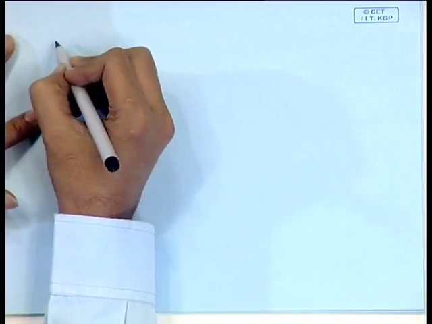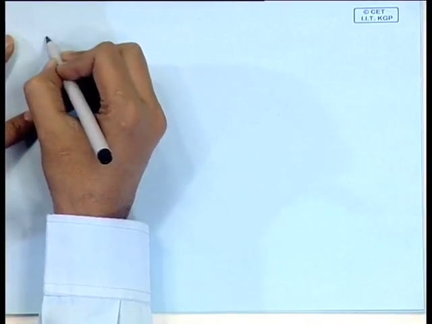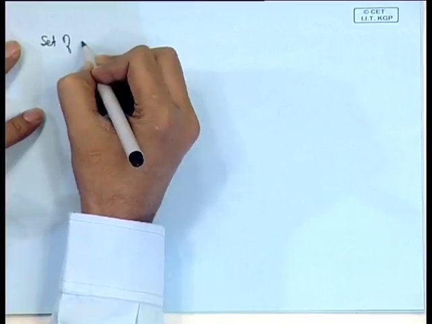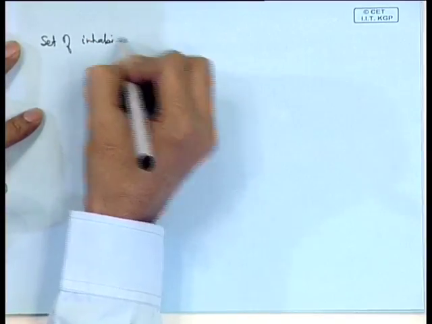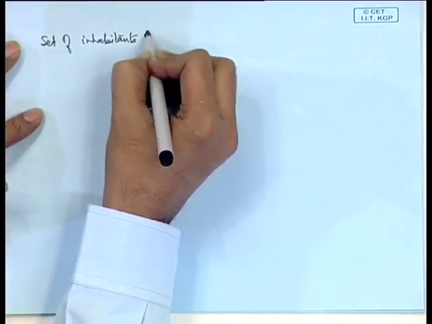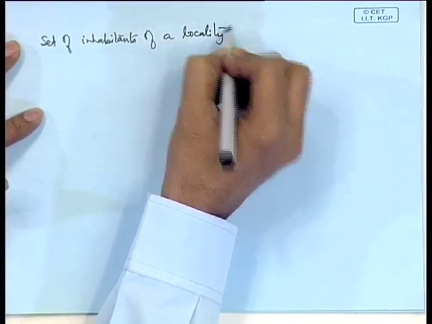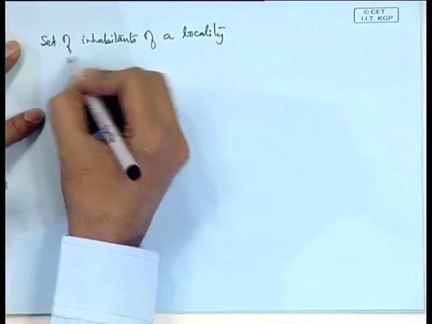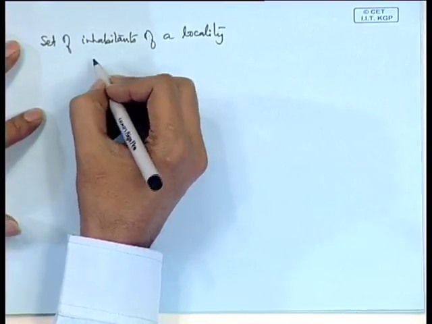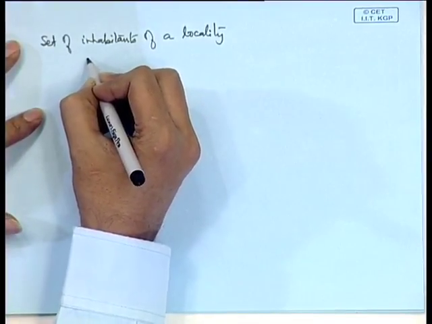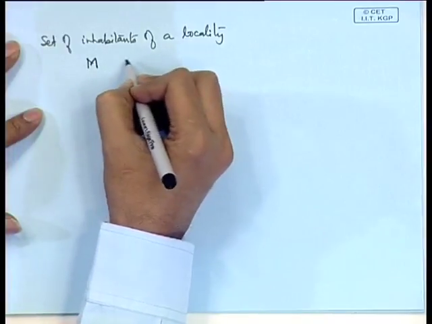Suppose we look at a set of say inhabitants of a locality. Now, when we do the survey, we may record their gender, that means male or female.